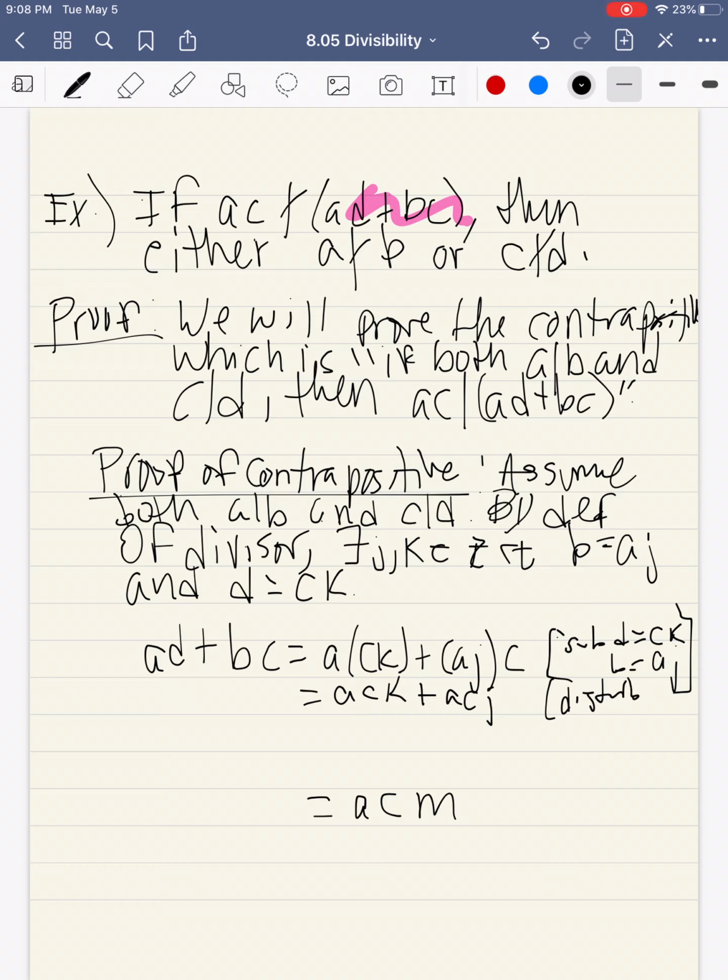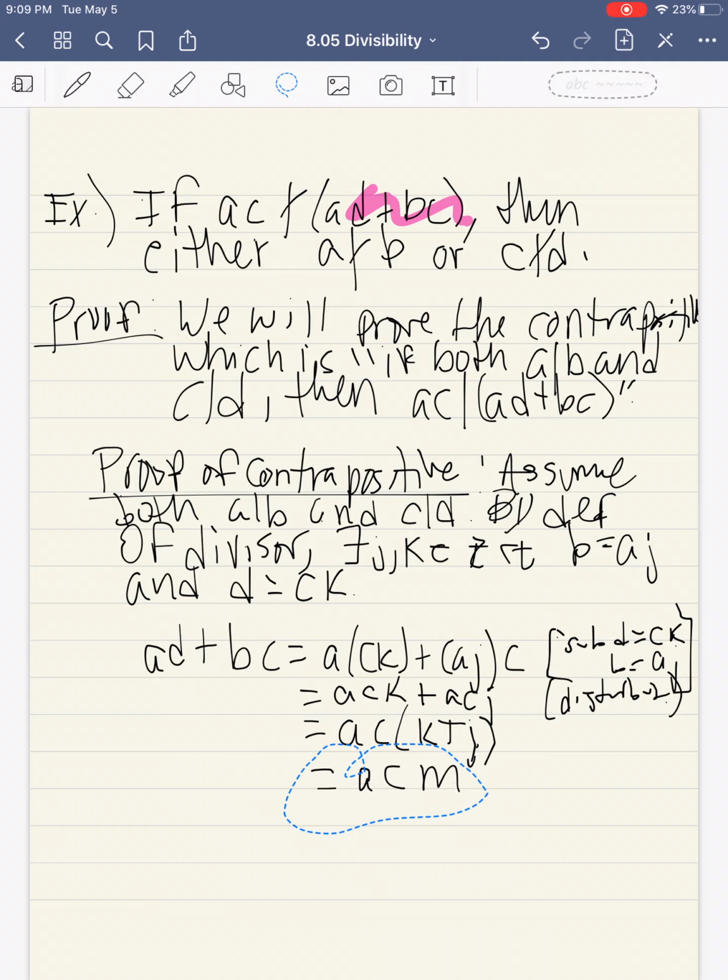Distribute. And now I'm going to factor out an AC, so I'm left with K plus J. And we've finished this proof sooner than we imagined, so we can put this up here. So we're going to say we factored.